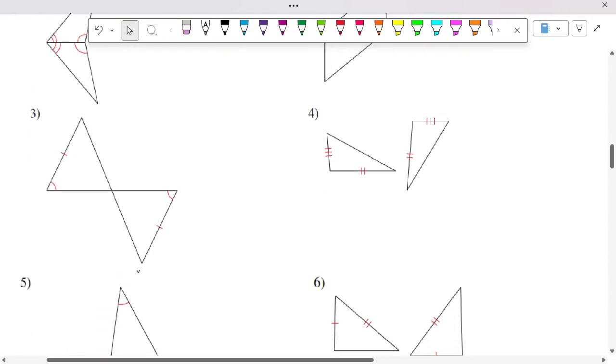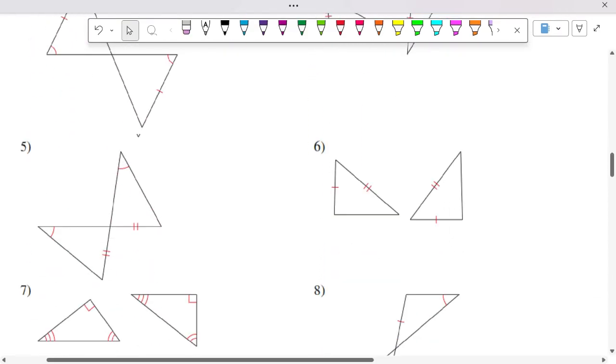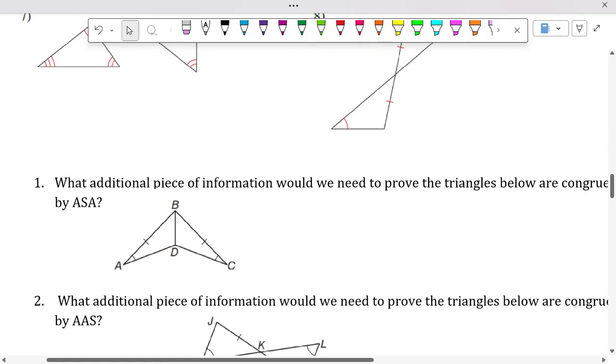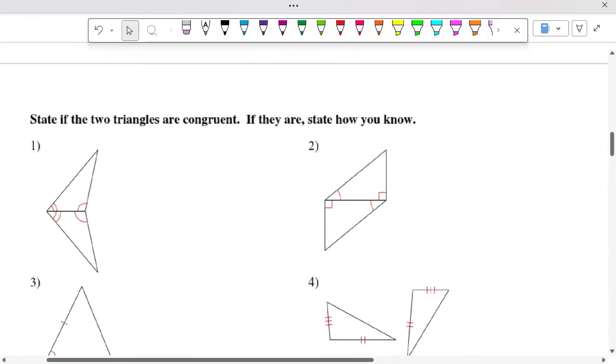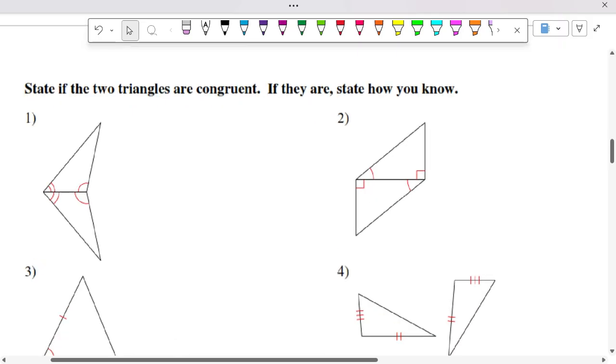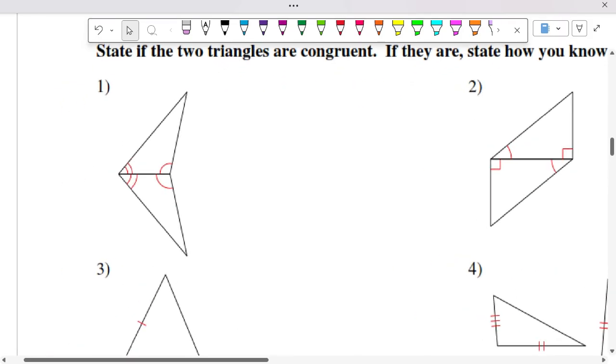Now, let's do a couple of examples here. So look at number 1. First off, is there anything I can mark? Anything that I need to mark?